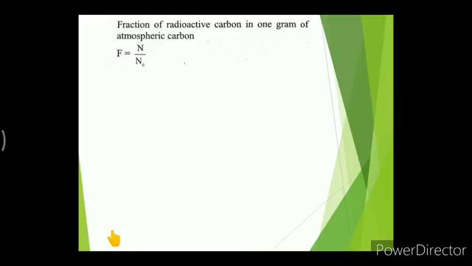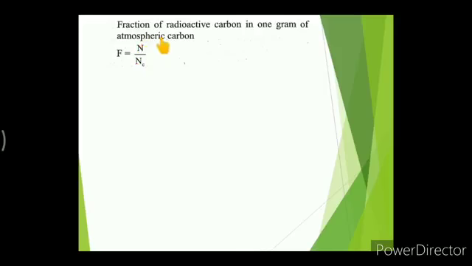And hence finally we are getting the fraction of radioactive carbon in 1 gram of atmospheric carbon. That fraction we have to calculate for the carbon atom is the ratio of N upon N_c.